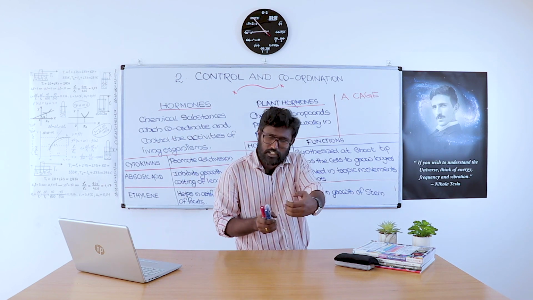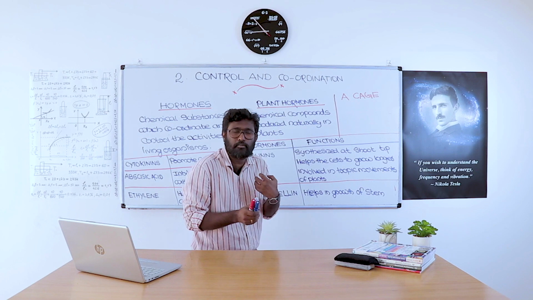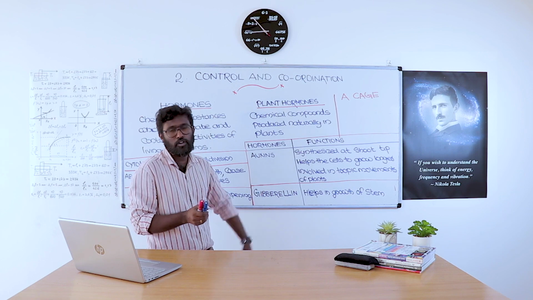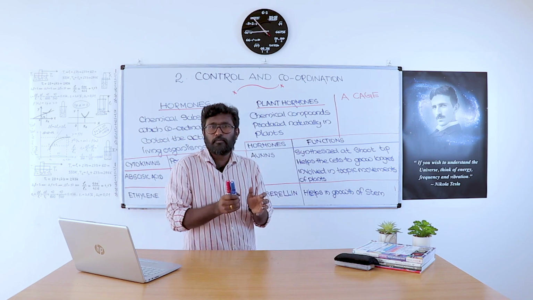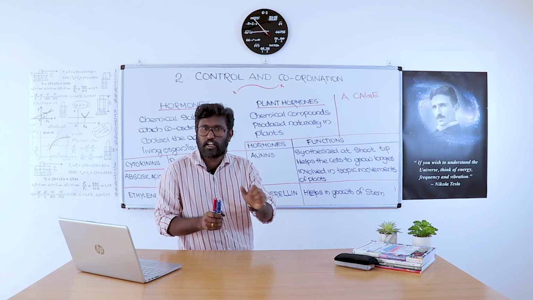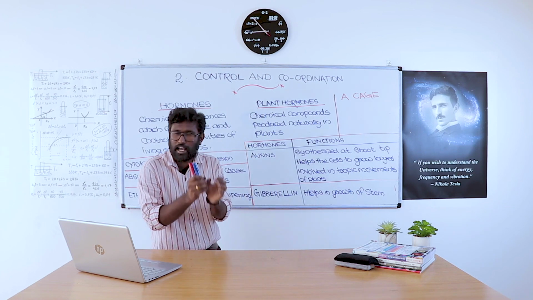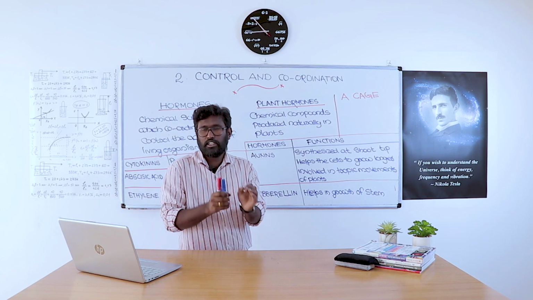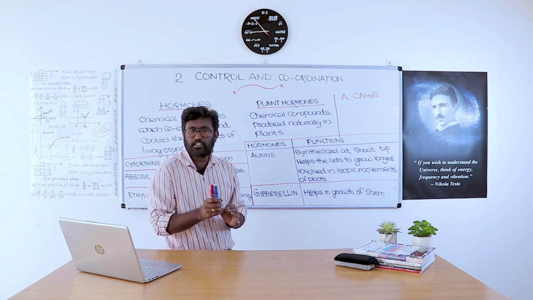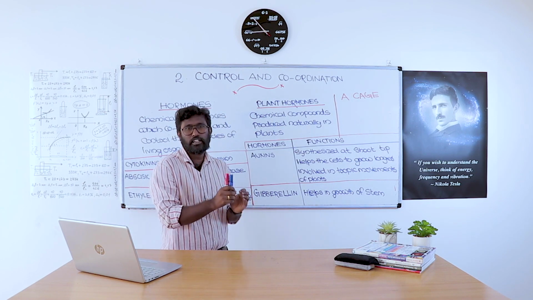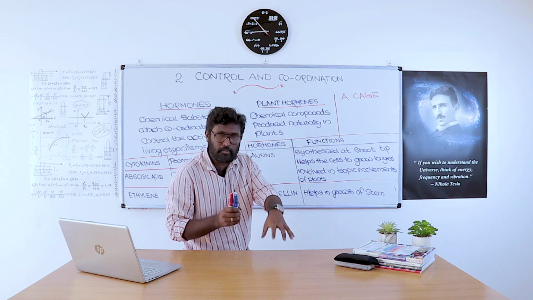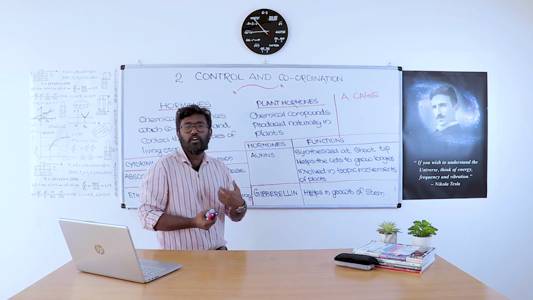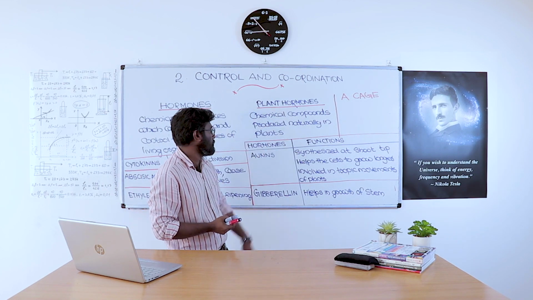That means the activities of living organisms can be controlled or coordinated by some chemical substances, and those are called hormones. In plants also, the activities of plants can be controlled and coordinated by some chemical substances or compounds. Those chemical compounds are called plant hormones.